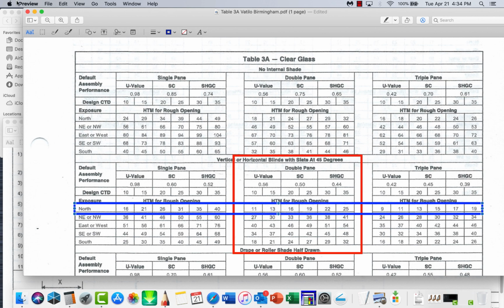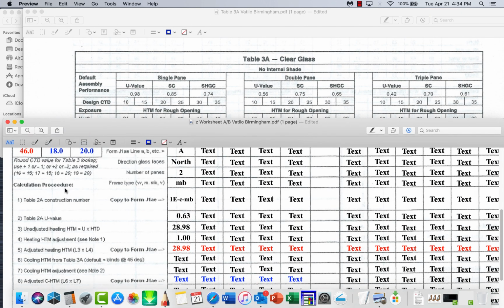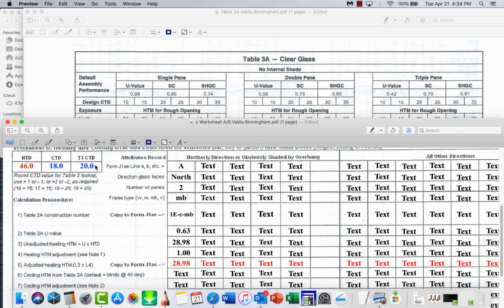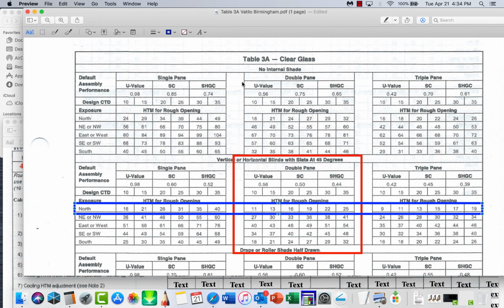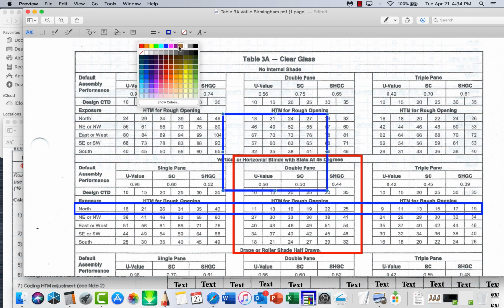All right? Now you're going to go back to whatever your C3 or T3 CTD is. So this is your T3, so we're 20. So we're going to use 20 right here. Let me make another box, and we'll go with green.